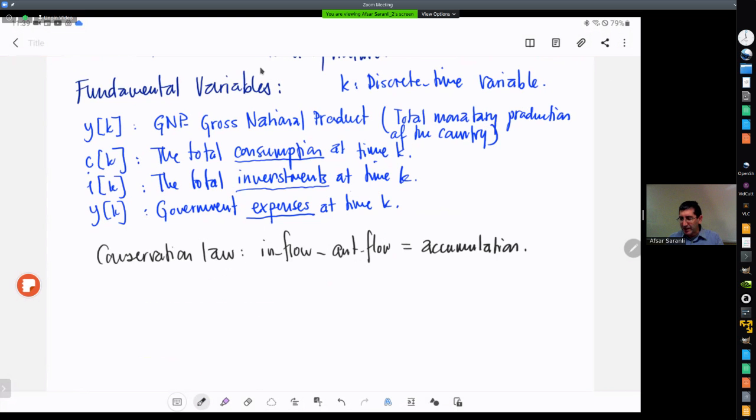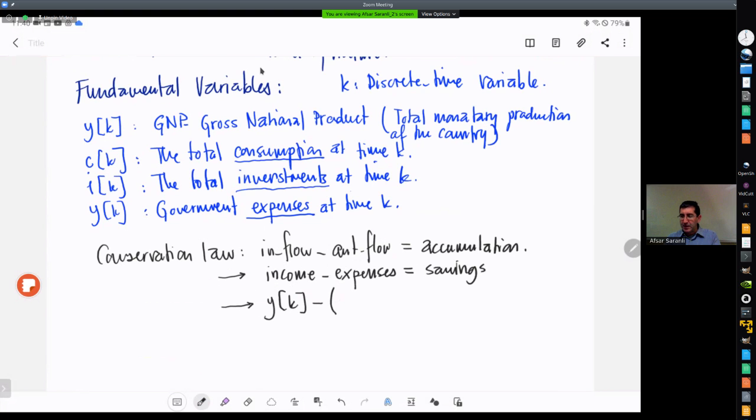In economics, we can transform this into income minus expenses is equal to savings. If you have more income than your expenses, you have savings. Now, in terms of our variables, what is our income? Our income is what our country produces. So we have y of k as our income minus our expenses. What are the expenses?